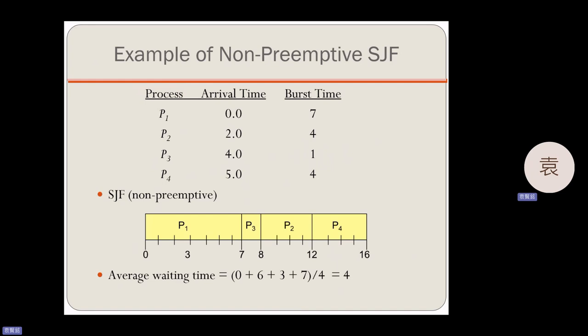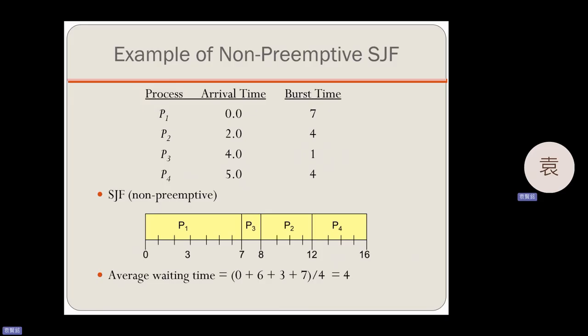P1 will be scheduled immediately at time 0, and after 7 time units, P2, P3 will be considered, because at time unit 7, P2, P3 and P4 have all arrived. However, among these three processes, P3 has the shortest CPU burst time, so P3 is scheduled first, and at time unit 8, P3 finishes.